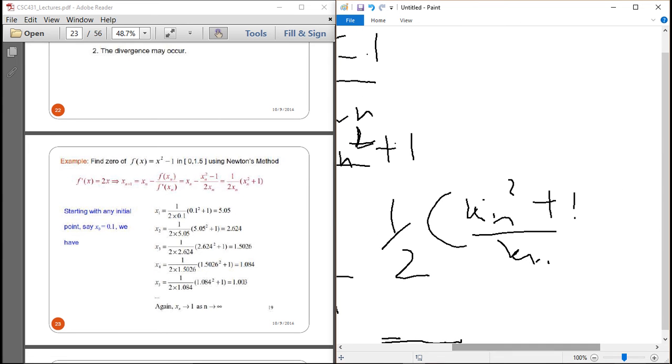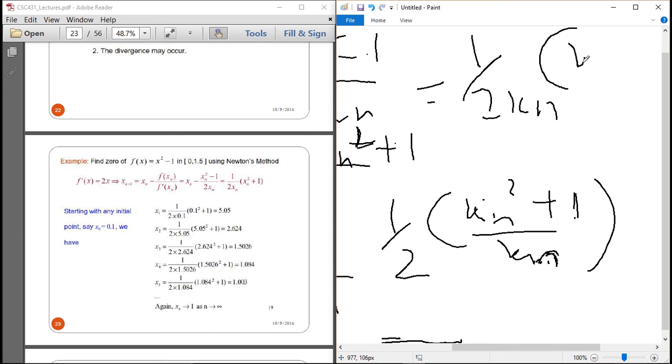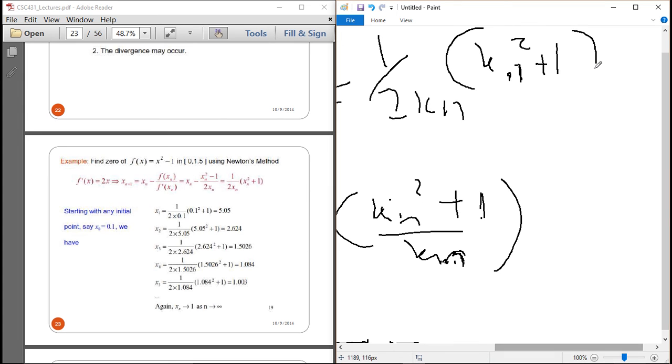So just to make this simpler, basically I have 1 over 2xn into xn squared plus 1. This eventually becomes our formula for Newton's method after evaluating the formula, which is xn minus f of xn over f prime of xn.